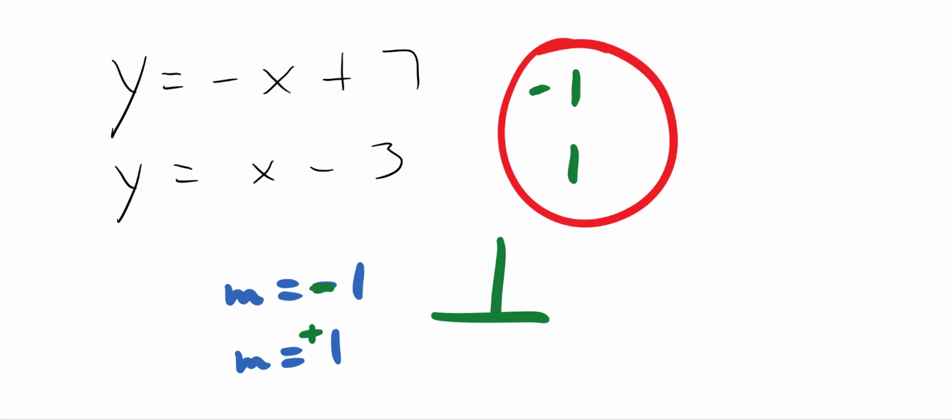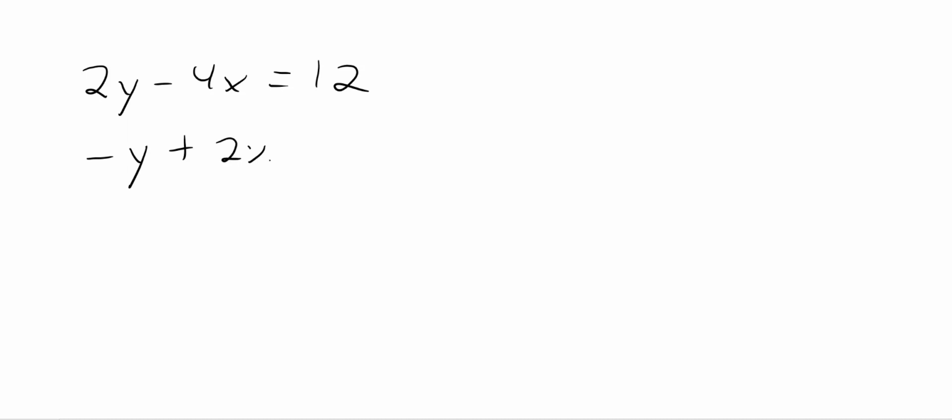All right, so let's do one that's a little more complicated. If I have 2y minus 4x equals 12, and negative y plus 2x equals 7.